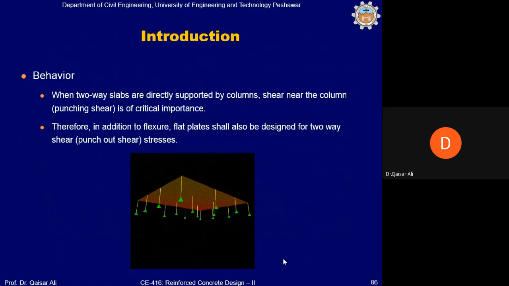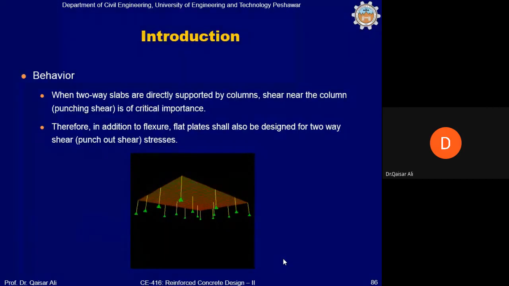The heavier the piece of paper is, the more likely the needle will make a hole in it. Similarly, the thicker the piece of paper, the more difficult it will be for the needle to make a hole. So the thickness of the paper will decrease the probability of punching the paper. In the same manner, the thickness of the slab will decrease the probability of punching the slab.